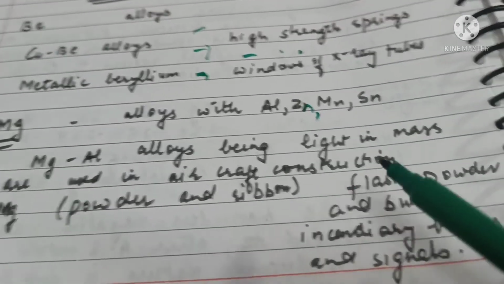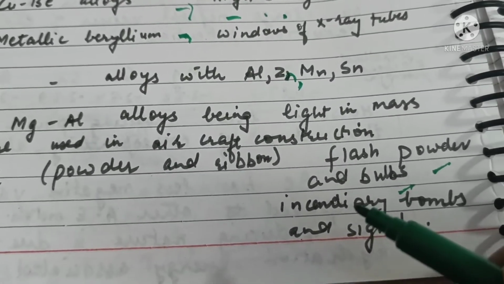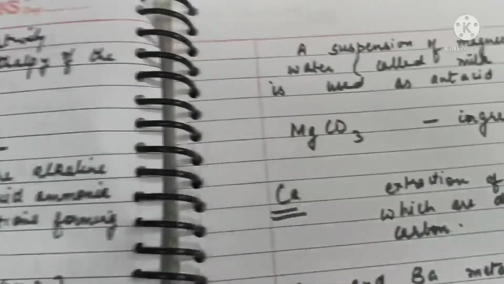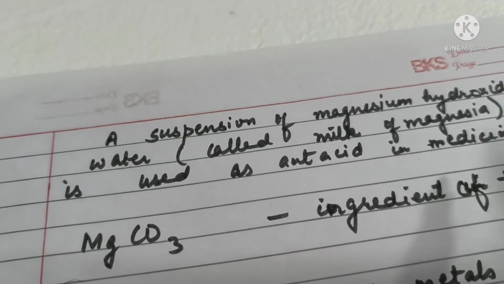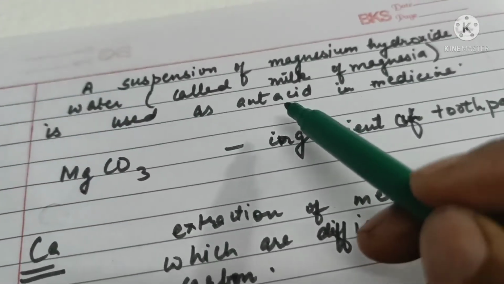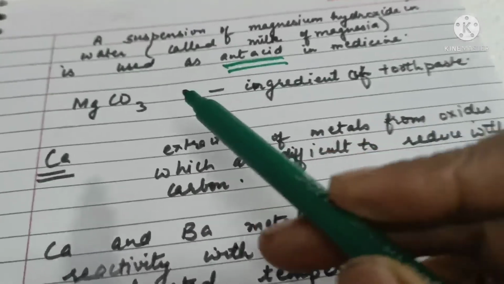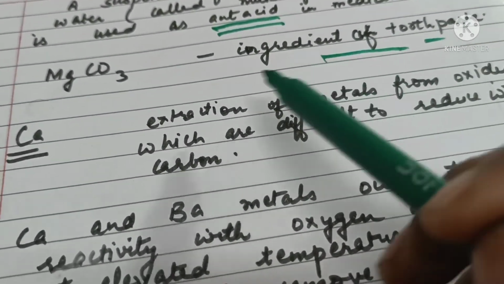Magnesium powder and ribbon is used in making flash powders and bulbs, and in making incendiary bombs and signals. A suspension of magnesium hydroxide in water, called milk of magnesia, is used as an antacid in medicines for reducing acidity. Magnesium carbonate is an ingredient of toothpaste.